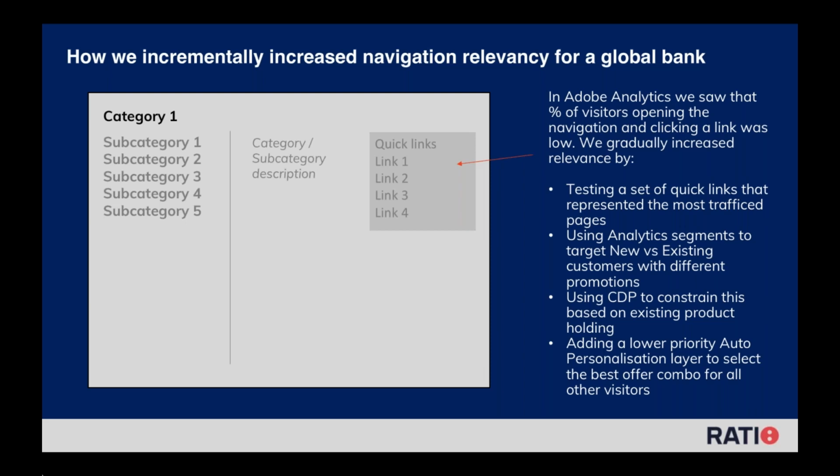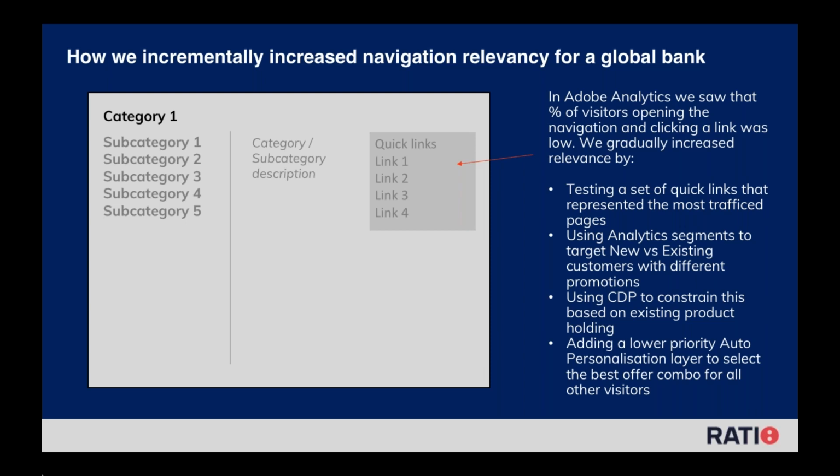Next, we started to look at how we could move away from a one-size-fits-all experience within the navigation and look at how key audience segments might want to be seeing different content or might find a different navigation experience more or less relevant. And one of the important ones for a bank is to look at it on the basis of their prospective versus existing customer audience.